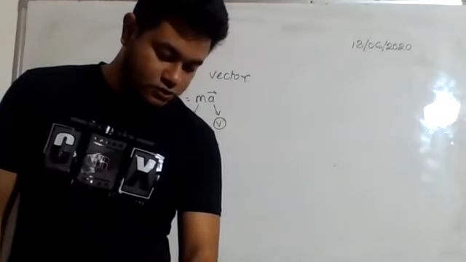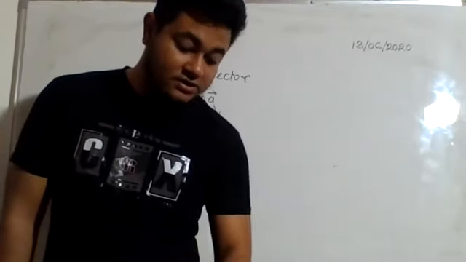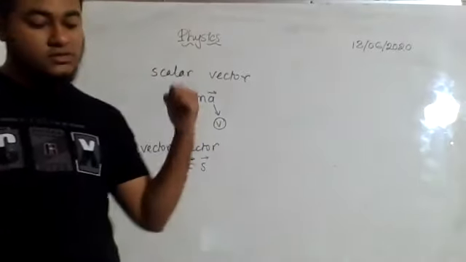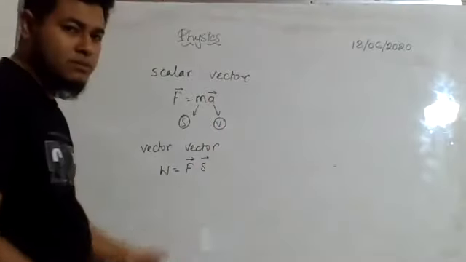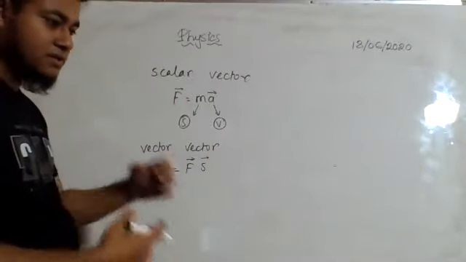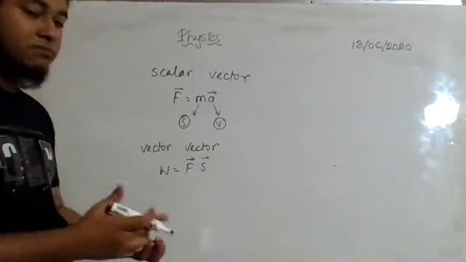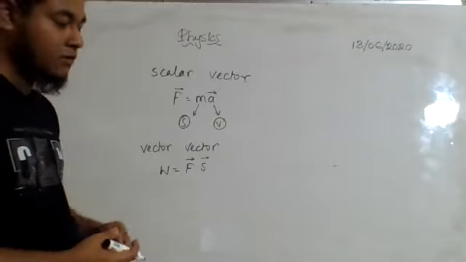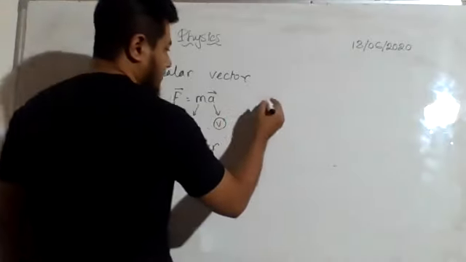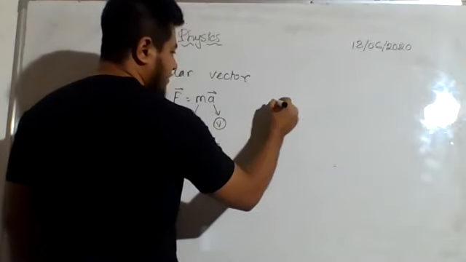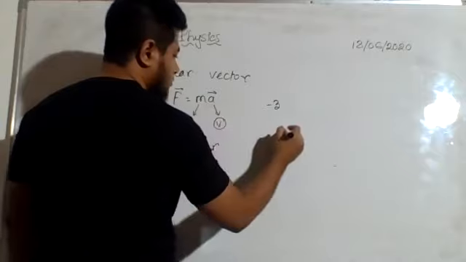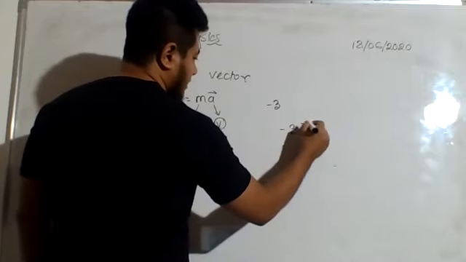If m is negative, then the direction of mA would be in the opposite direction of A. Even though mass cannot be negative here, let us say in some other equation m represents a value which can be negative. If the value of m is -3, then this becomes -3A.